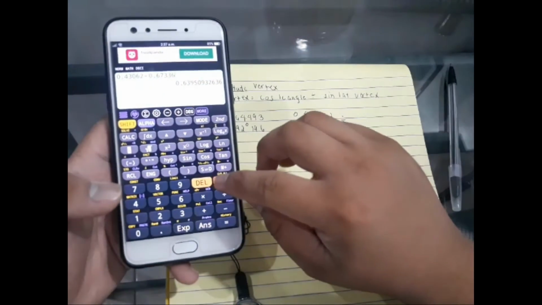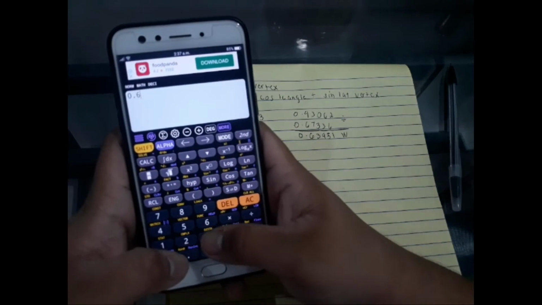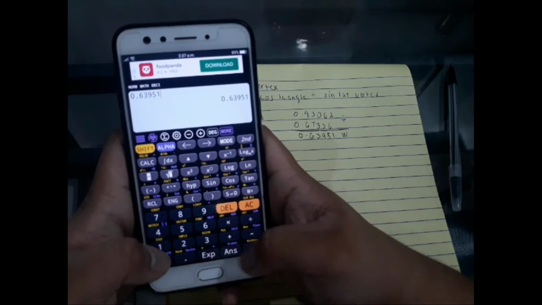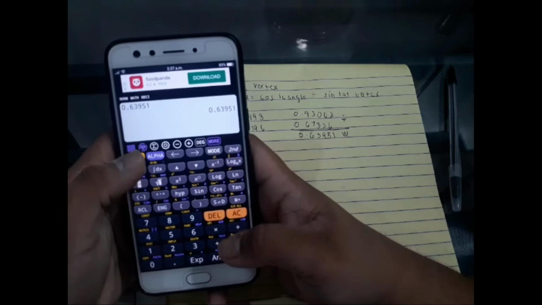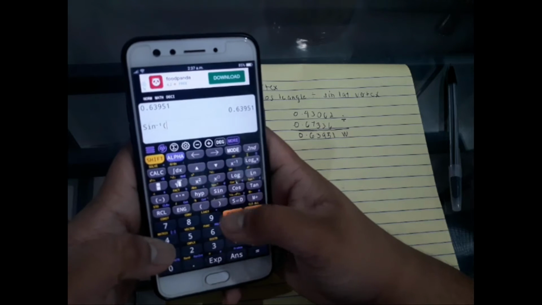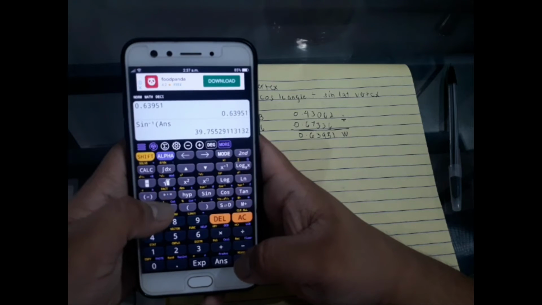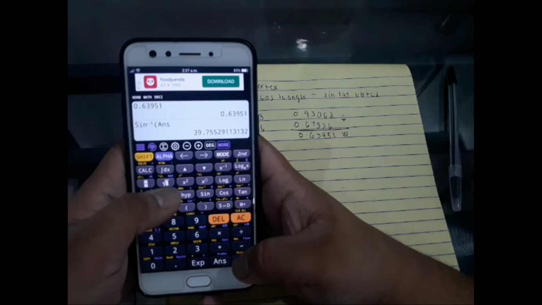So it's like we did. So 0.63951, and of course hold shift and sin, answer is equal to 39.7. We're gonna press degree.